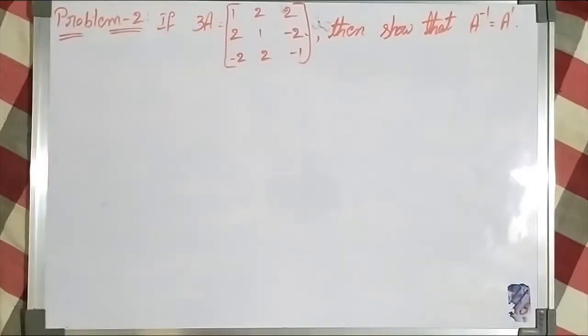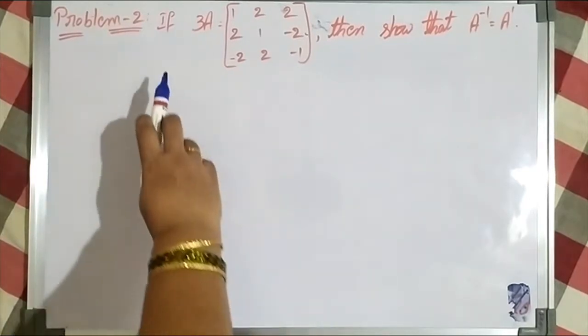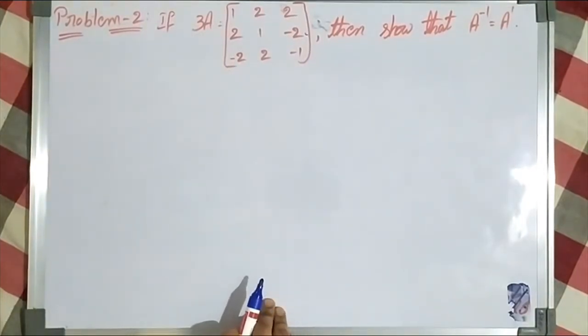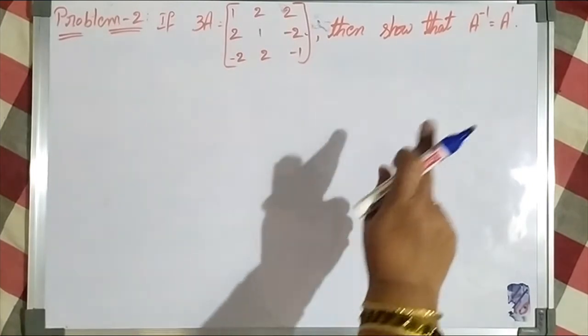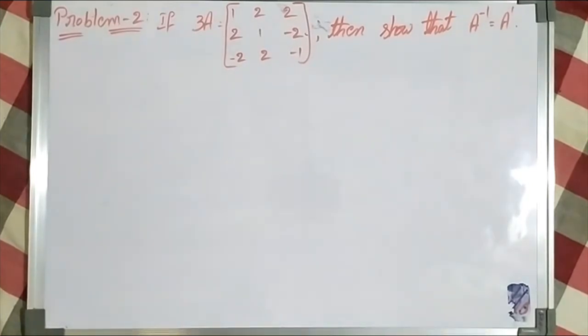Hi friends, in this video we will discuss the next problem on exercise 3e of section 2, problem number 2. The problem is: if 3A equals the matrix [1, 2, 2; 2, 1, -2; -2, 2, -1], then show that A inverse equals A transpose.